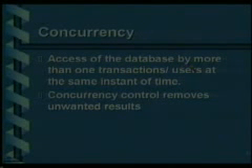Access of the database by more than one transaction or user at the same instant of time. And what does concurrency control try to do? It tries to remove unwanted results which may occur.